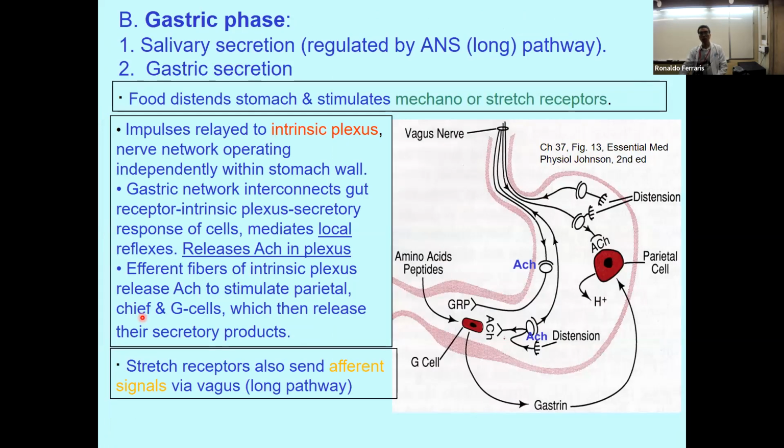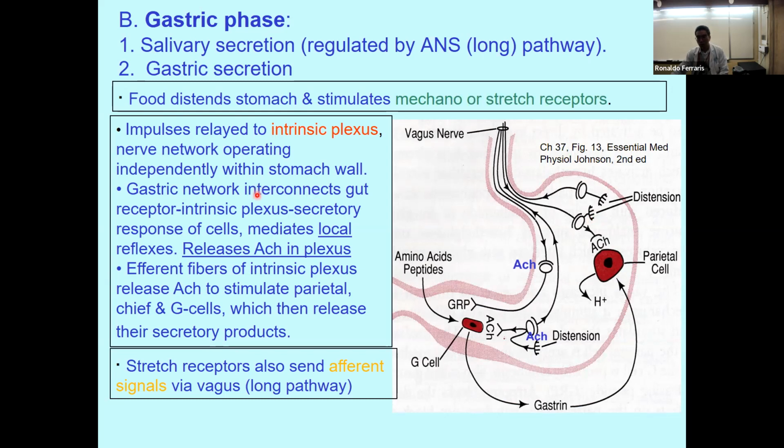Okay, so now we are in the gastric phase. The salivary secretion is still mainly the long pathway. So now food is in your stomach and would stimulate mechano and stretch receptors there. So these are depicting stretch receptors. Let's follow this one. When food enters the stomach, the chemoreceptors fire, the stretch receptors fire.